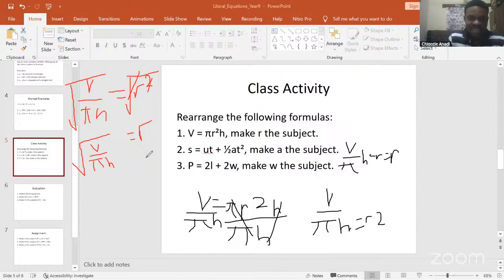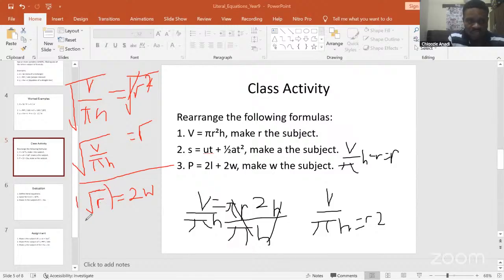Okay, imagine I have the square root of r is equal to 2w, and I'm asked to make r the subject of the formula. I cannot have the square root here. What I need to do is find the square of both sides.